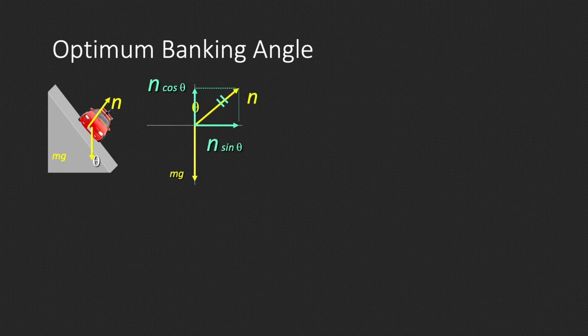Now how do we solve for the optimum angle? To solve for the optimum angle, we have to apply Newton's second law to the x and y axes. So we can say that the summation of the components of force on the x-axis is equal to the mass times the centripetal acceleration.